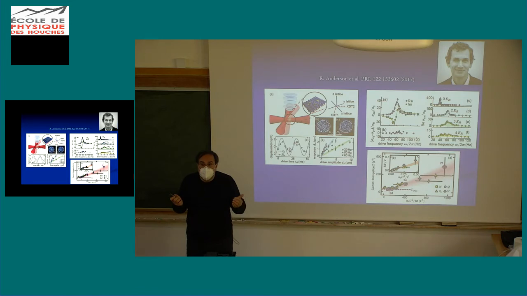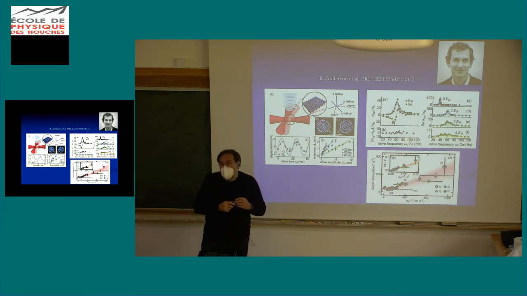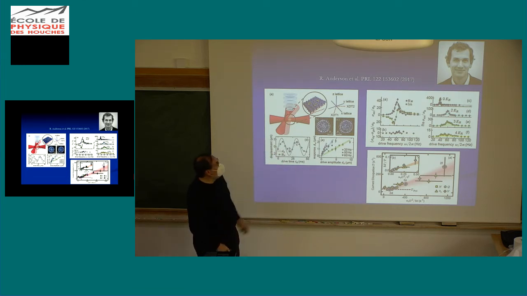Because the real part of the conductivity corresponds to depositing energy in the system. If you have a way to measure the energy deposited in the system, that's a good measure of the real part of the conductivity. You could also measure other observables, like the number of doubly occupied sites or whatever. But this will give you information on the real part of the conductivity.